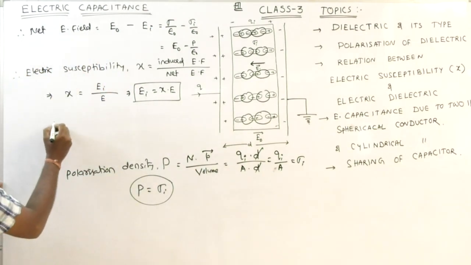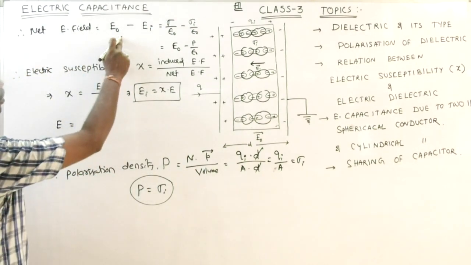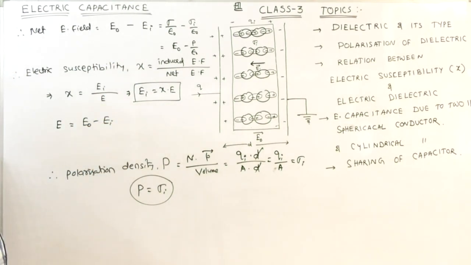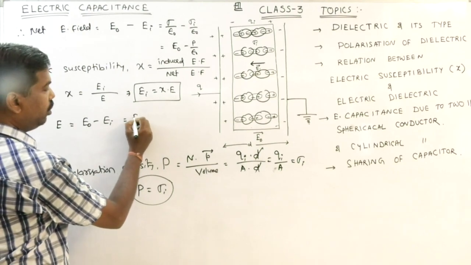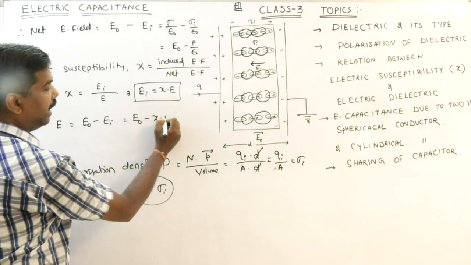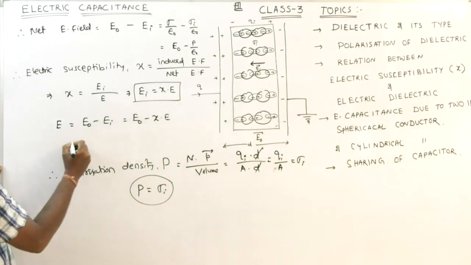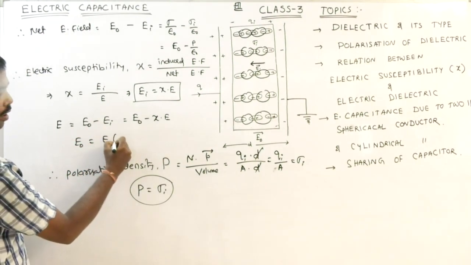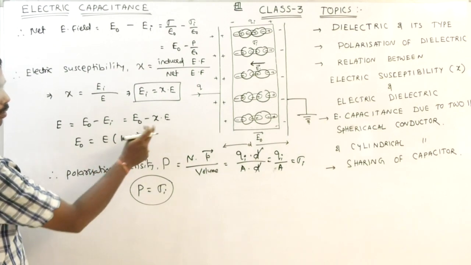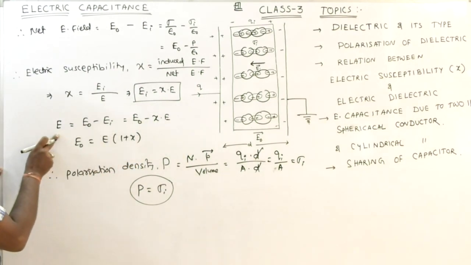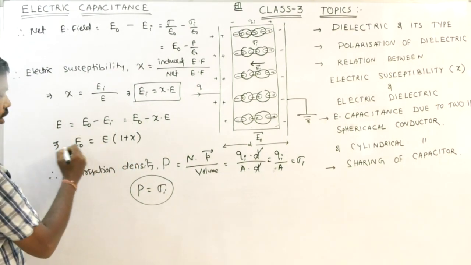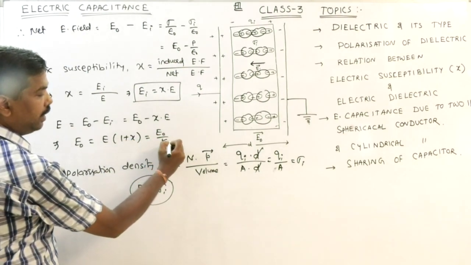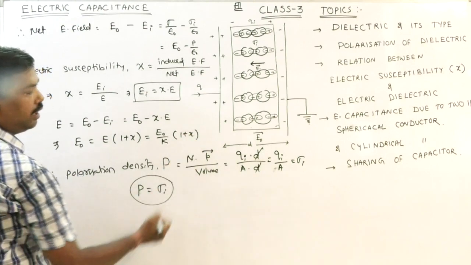Again, net electric field E is equal to E0 minus E_I is equal to E0 minus chi into E. Take that to one side. So E0 is equal to E common, 1 plus chi. If you take this factor towards the left hand side, you will get E is equal to E0 by (1 plus chi).